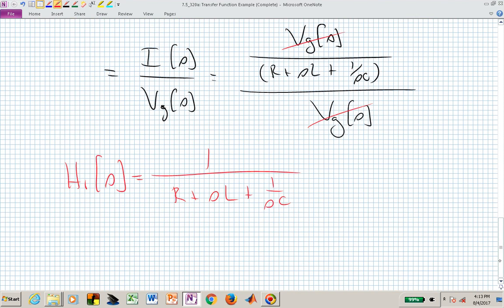Either way, we have H sub 1 of S as a ratio of ratios, in fact.